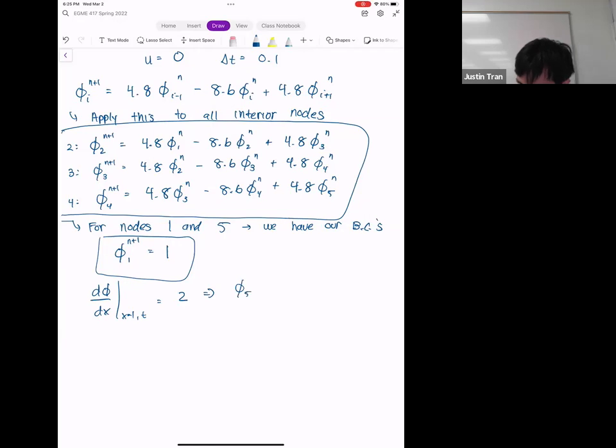So this can be phi 5 minus phi 4 all over 2 delta x is equal to 2. Since this Neumann condition also does not change with time, it's valid at all times, so we can set the time indexes a little bit arbitrarily.